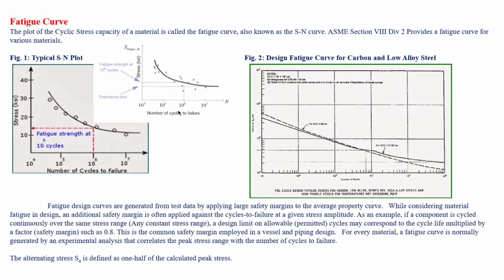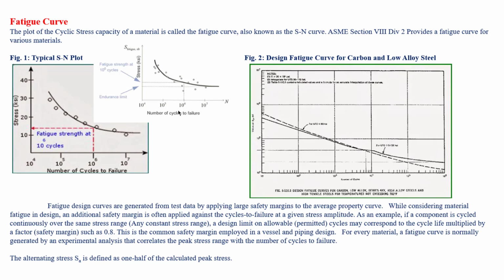Whatever curves are generated using the test have certain limits. Let's say the component is cycled continuously over the same stress range. A design limit on allowable cycles may correspond to the cycle life multiplied by a factor such as 0.8.